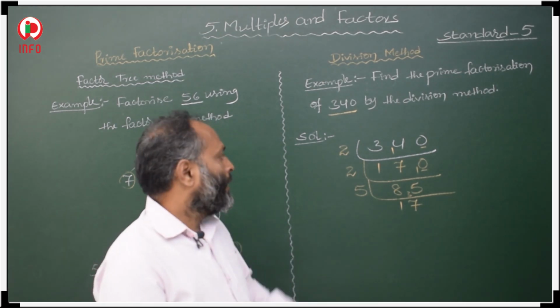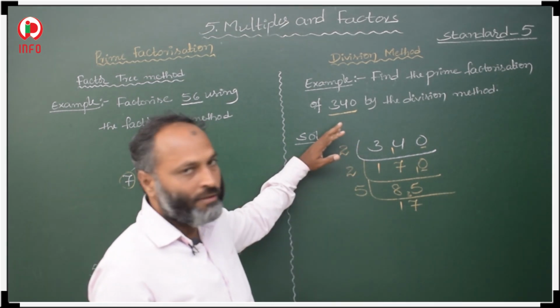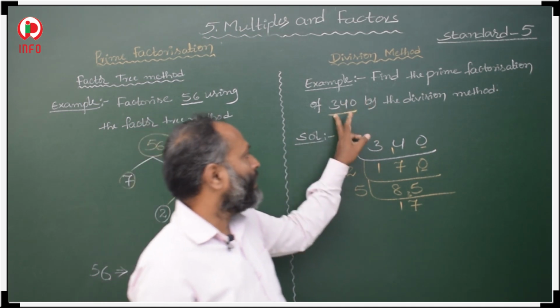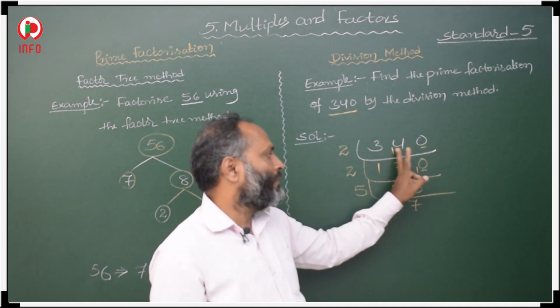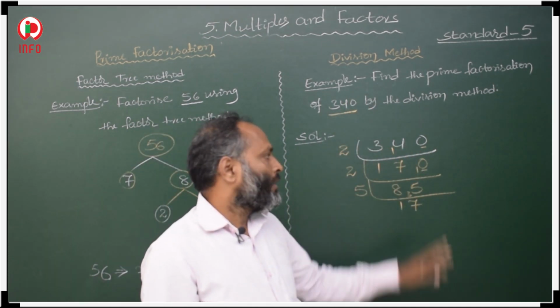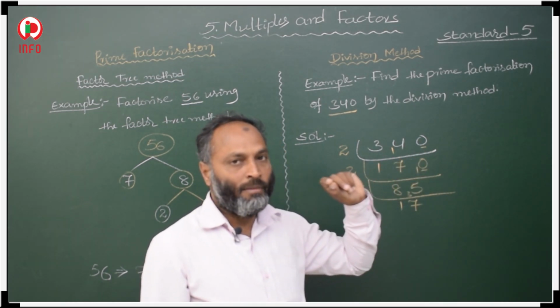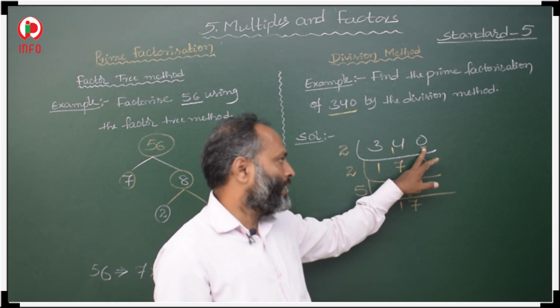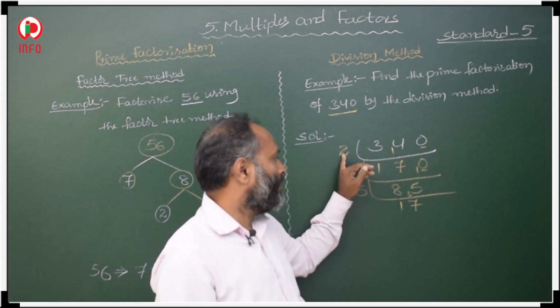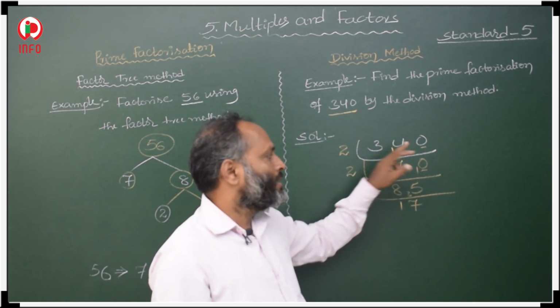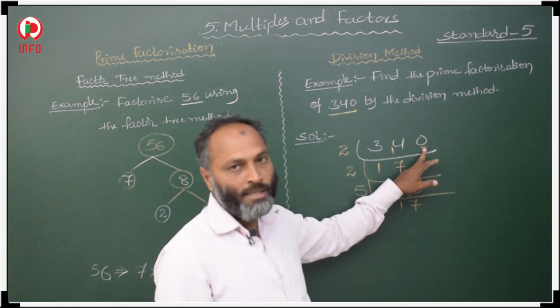Okay, first how to divide? First you take whatever the given number is. After that, we check whether the given number is even or odd. If it is an even number, then we divide with 2. Here in the unit place 0 is there, so it is an even number.